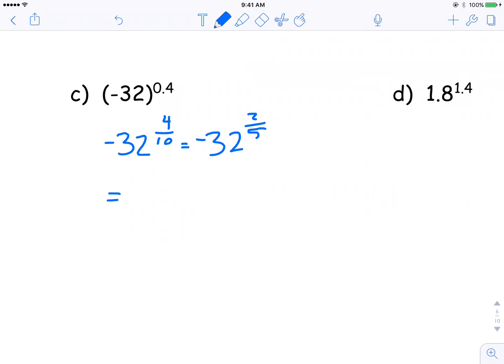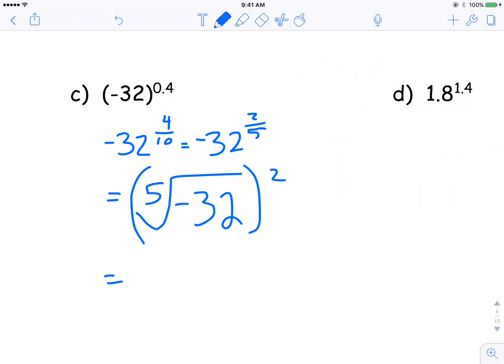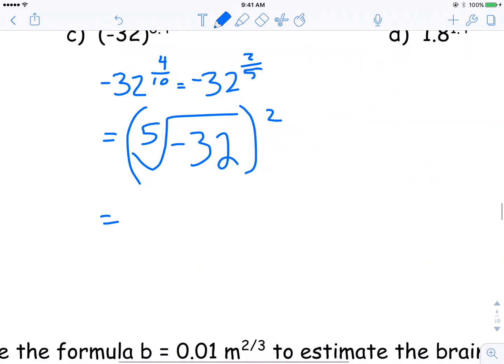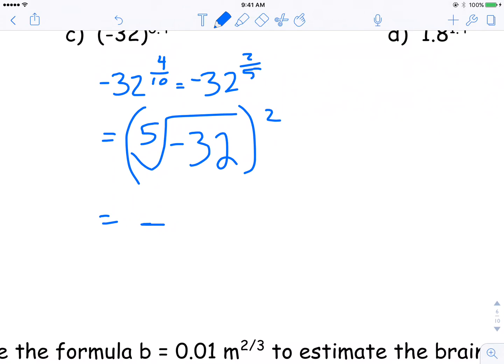Well, now I have the fifth root of negative 32, all squared. Of course, I'm taking the odd root of a negative number, which is okay, so I'm going to get a negative as my answer. The fifth root of 32 is 2, so the root is negative 2, and of course this is all going to be squared. Well, negative 2 times negative 2 is 4.